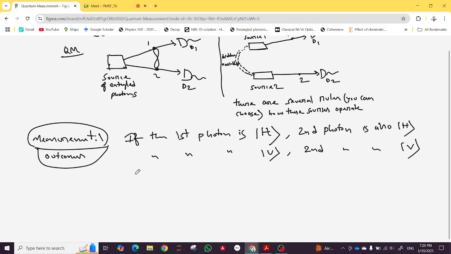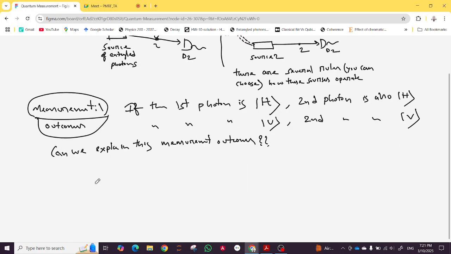Now, can you explain these measurement outcomes with hidden variables and with quantum mechanics? We need to explain these measurement outcomes.